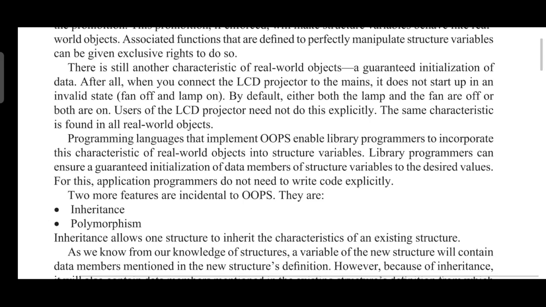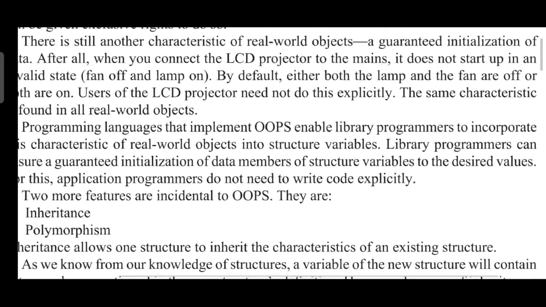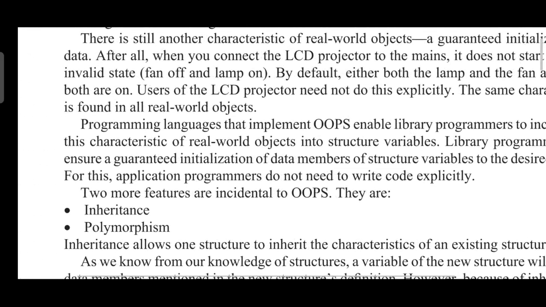Okay, apart from the data abstraction and encapsulation, we have two more features in object oriented programming, that is inheritance, the second one, and polymorphism. Inheritance means acquiring the property of the parent. So this feature lets us have code reusability. You don't have to write the same code repeatedly.